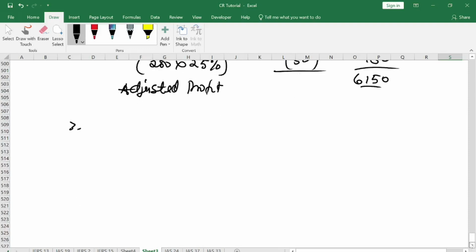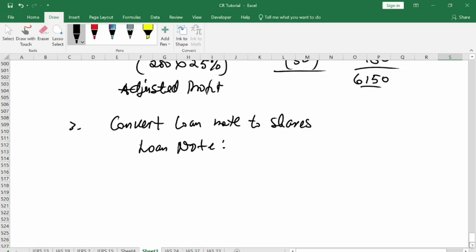So the next step is to convert loan note to shares. Now how do we do that? You have your loan note to be 2 million, 2,000, and the unit price is 0.2. So you multiply, you have 2,000 divided by 0.2, and that gives you 400 shares.